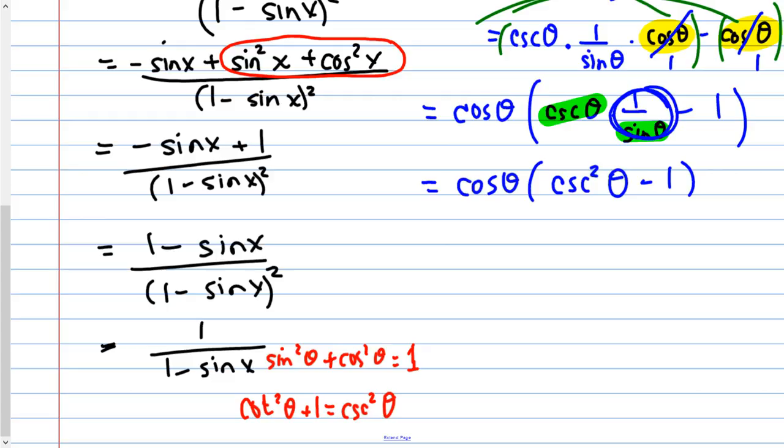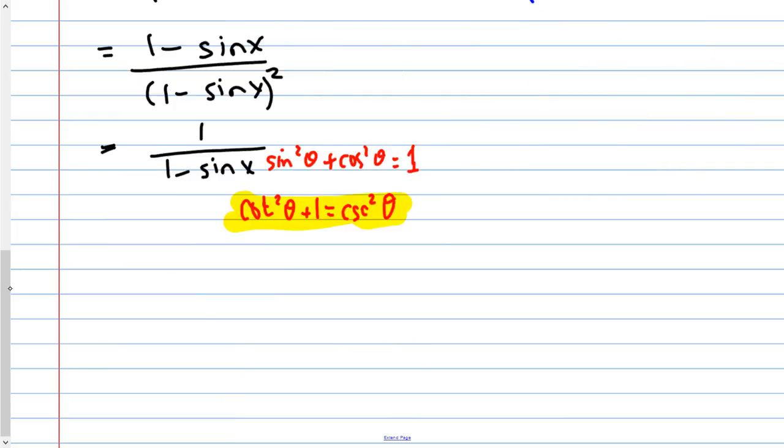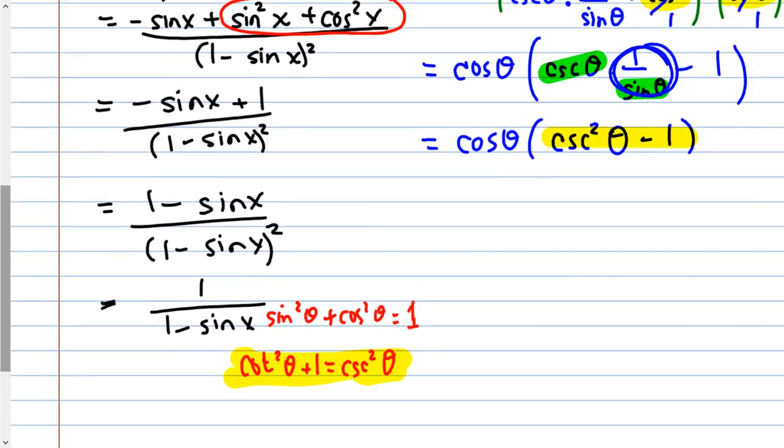Now, what I have here is not exactly this, right? There are some differences. Now what's the difference? I have cosecant squared theta minus 1. Okay, well, it's not a problem really. Think about it. Subtract 1, subtract 1.